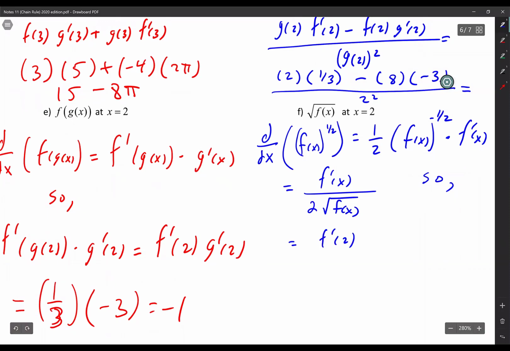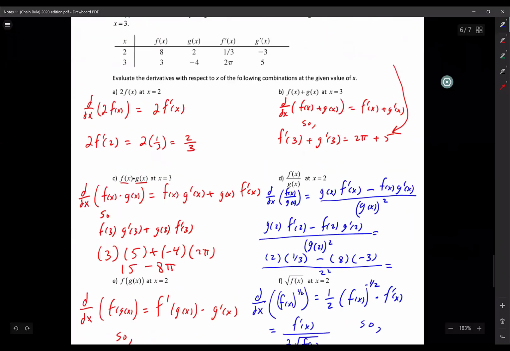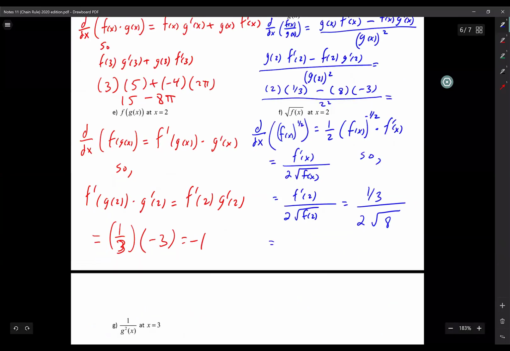So f prime of 2 over 2 square root of f of 2. f prime of 2 is 1/3, over 2 times the square root of f of 2, which is 8. And I think we have enough room. 1/3 over 2, 4 times 2, so times 2 square root of 2.